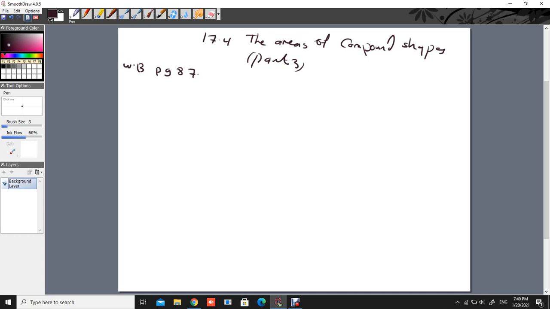Now let's talk about question 3b. Work out the area of each compound shape. Here we have for A, it's very easy. A also, here divide to a rectangle and a triangle.